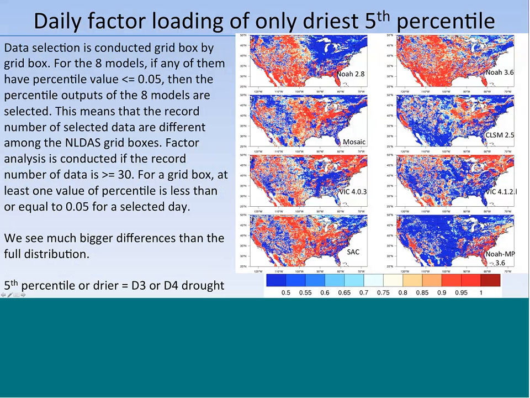So having other models like VIC in the ensemble is very important for getting the full representation of these dry conditions. Similarly, for NOAA MP, you can see in the Southeast it does an extremely good job. So I think it's important to look at the full distribution and then look carefully at the extremes when we're considering the value of an ensemble.